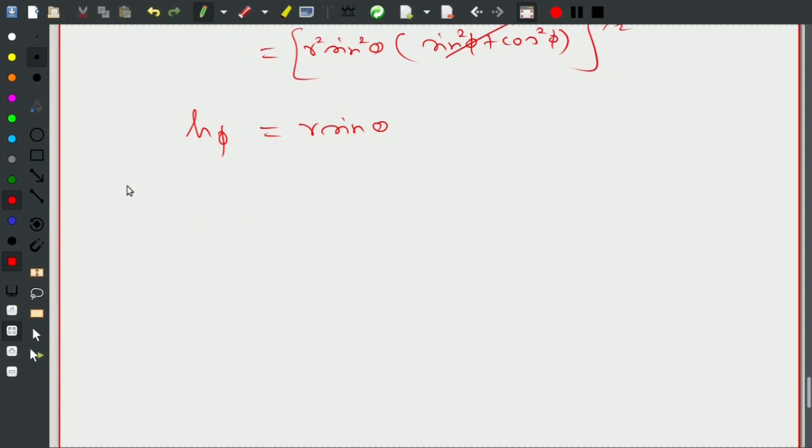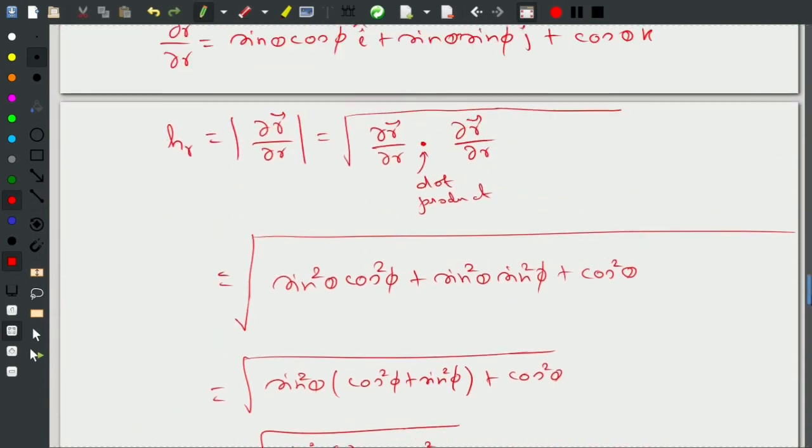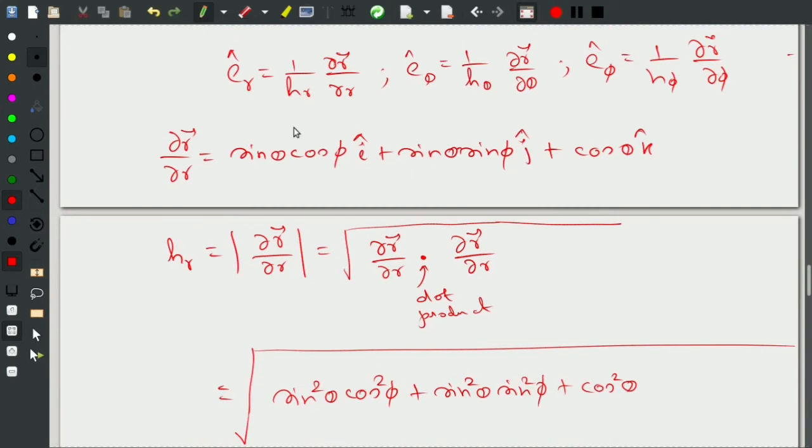So we know the unit vector e of r cap equals 1 by h of r times dou r vector divided by dou r. So what is h of r? H of r is 1, and what is dou r vector divided by dou r?